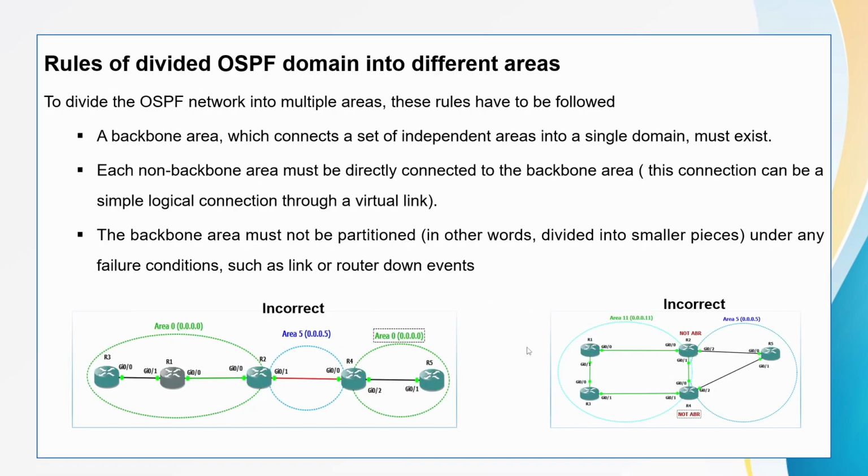Now we talk about the rules for dividing an OSPF domain into different areas. To divide the OSPF network into multiple areas, there are rules to be followed. The first rule is that a backbone area, which connects a set of independent areas into a single area, must exist. Each non-backbone area must be directly connected to the backbone area.